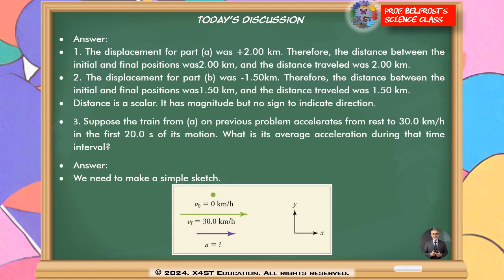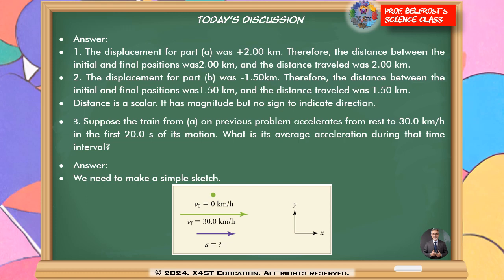So the displacement for part A is plus 2, then the distance between the initial and final position is 2 kilometers, and the distance traveled is also 2 kilometers. But for part B, because its displacement is minus 1.50 kilometers, the distance between initial and final position is 1.50 kilometers, and the distance traveled is just 1.50 kilometers. But I want to warn you that the distance between initial and final position sometimes will not be the same as the distance traveled.